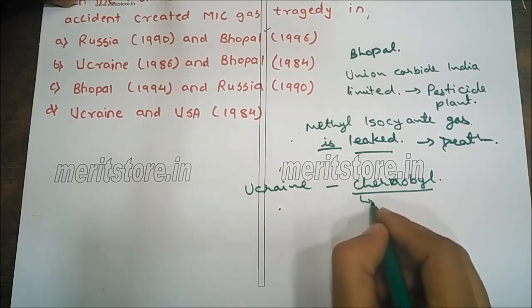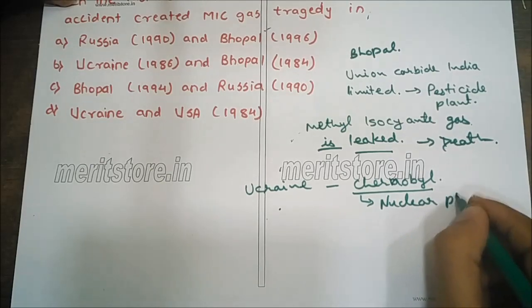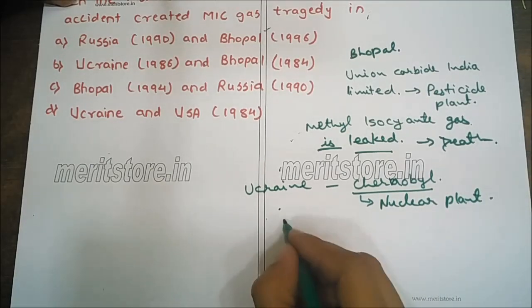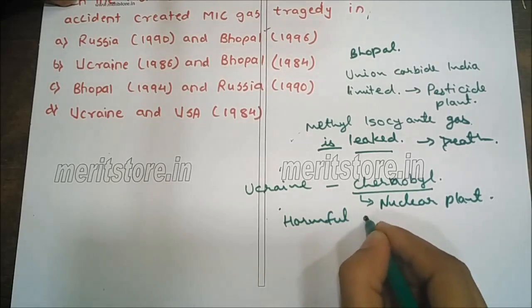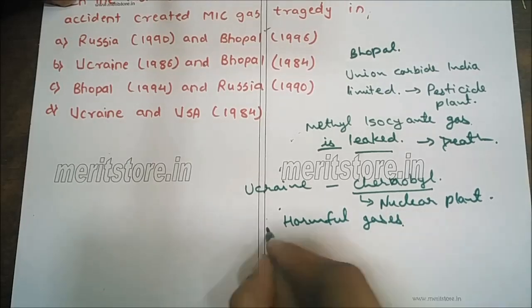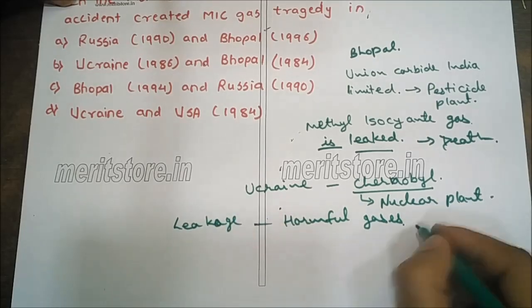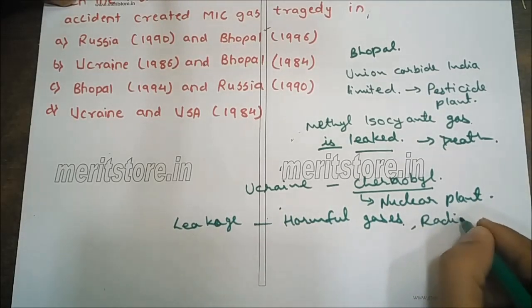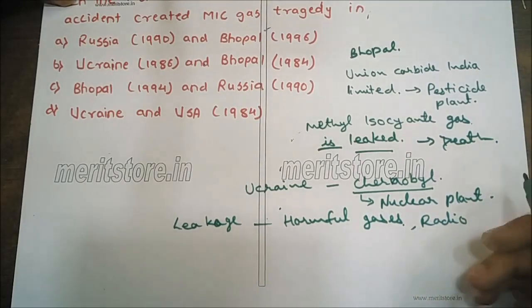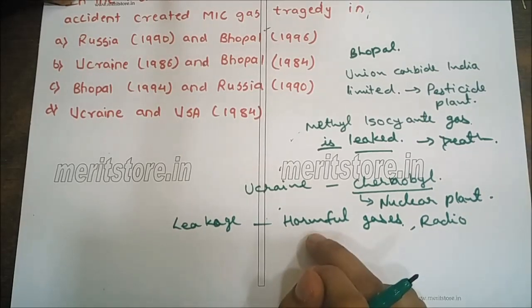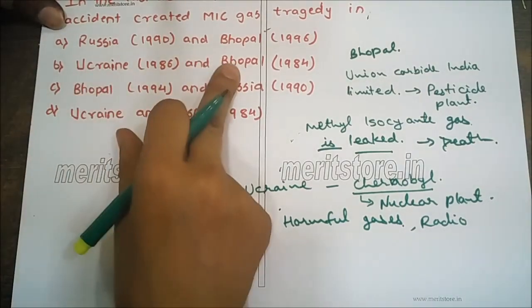In that city there was a nuclear plant, and the explosion of this nuclear plant caused the leakage of harmful gases and radioactive elements, and this caused clouds of radioactive gases in the sky, and also caused the death of thousands of people. So these tragedies were in Ukraine and Bhopal.